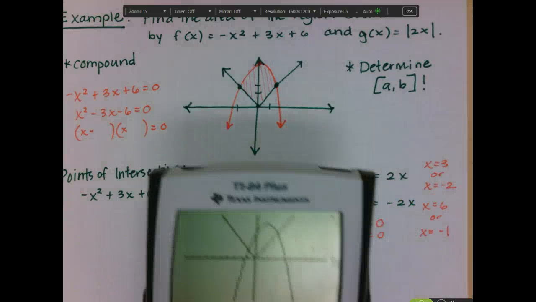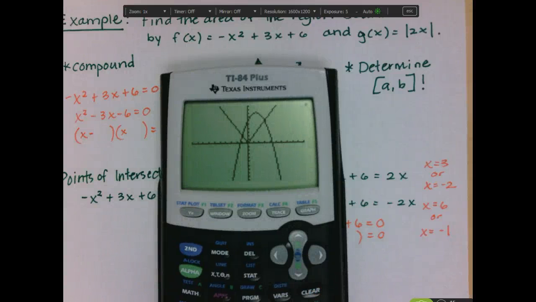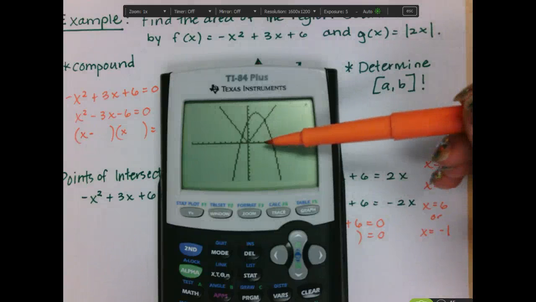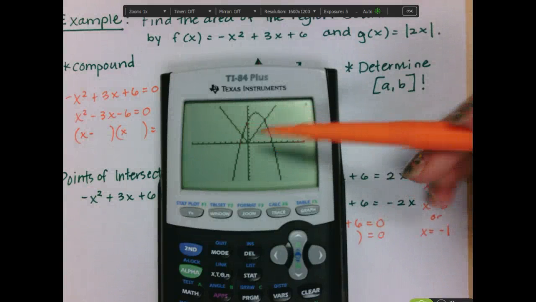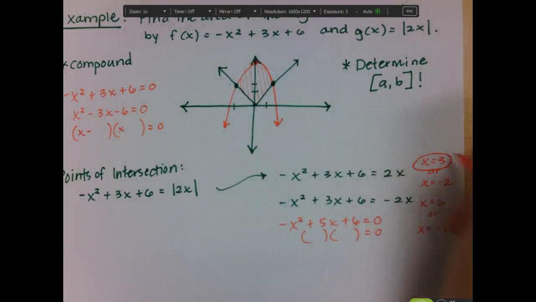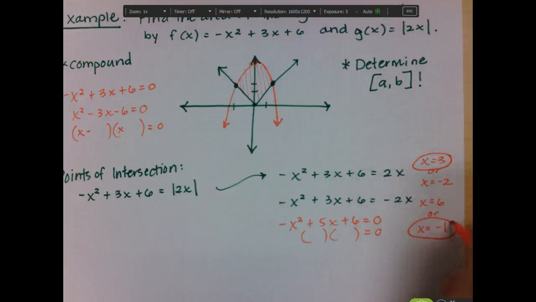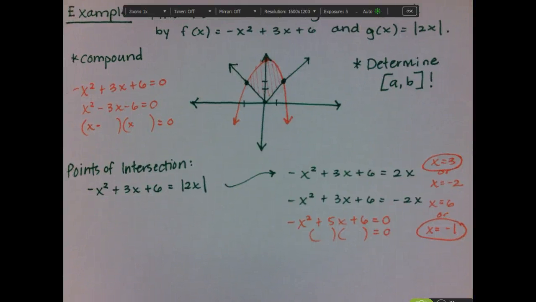And if we take a look at what the graphing calculator gives us as far as a graph, we can see that they actually do intersect at x equals 3 over here on the right side, and on the left side x equals -1. So we can use some other algebra to figure that out, but just to save a little bit of time, we've got positive 3 and -1.